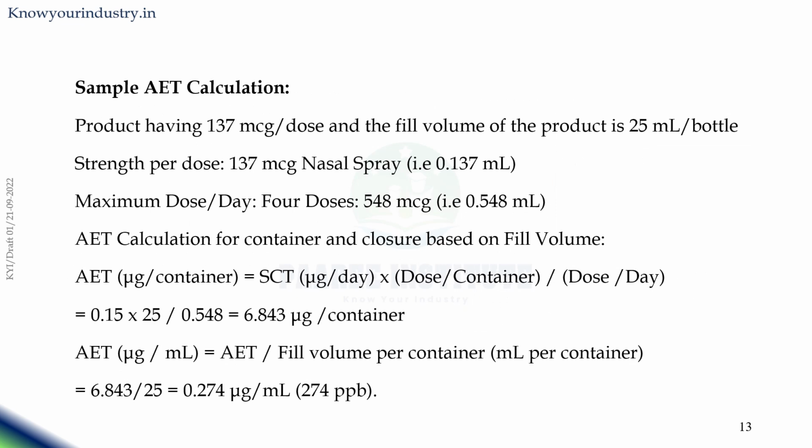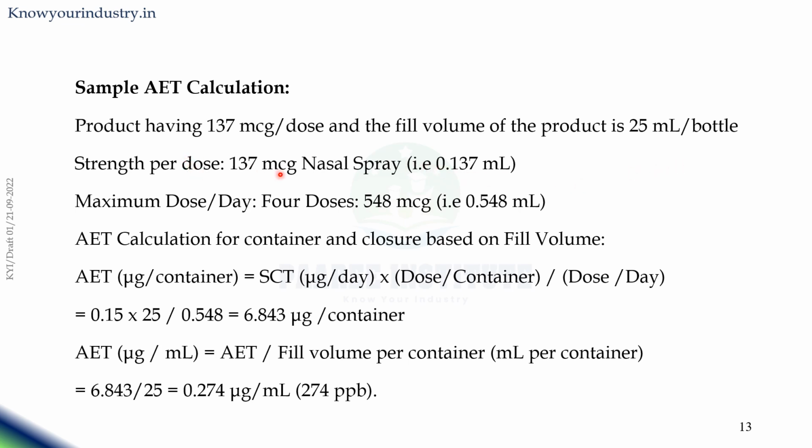How will you calculate the analytical evaluation threshold? By using the safety concern threshold. So you have a product which has 137 microgram per dose and a fill volume of 25 ml per bottle. So the dose will be 137 microgram per dose and the volume will be 25 ml in the particular bottle.